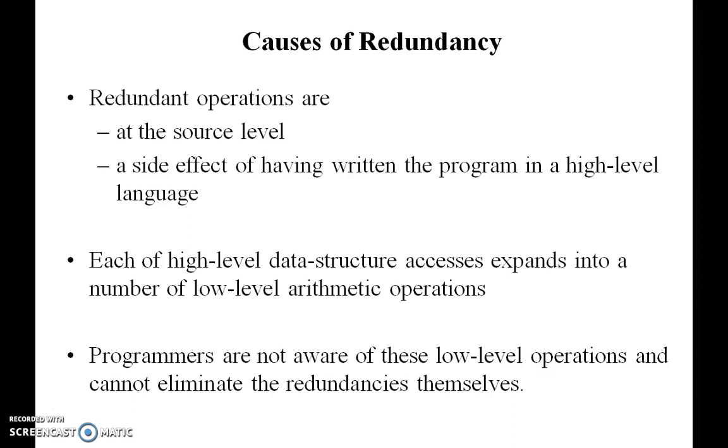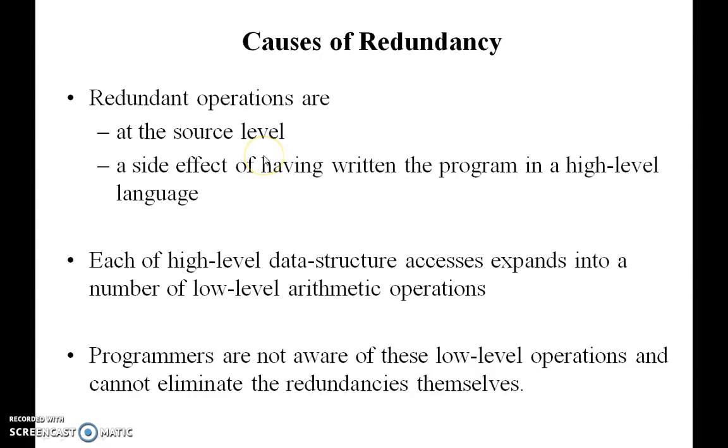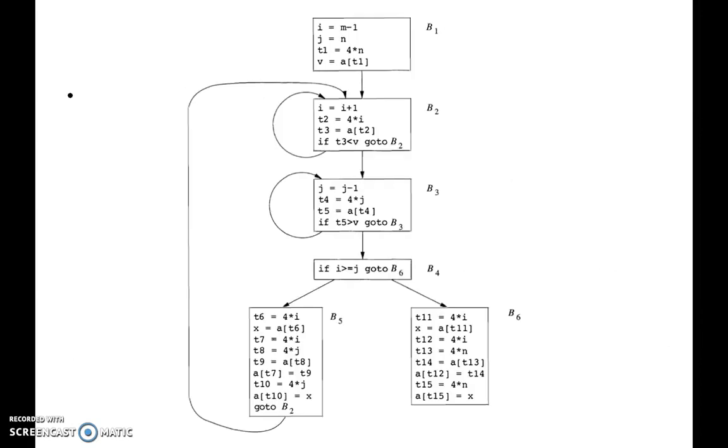Redundant operations are in the source program, so it has some side effects while writing the program in a high-level language. Sometimes we may expand the programs into a number of low-level arithmetic operations. Sometimes the programmer may not be aware of this particular programming, so they may create redundancy of data.